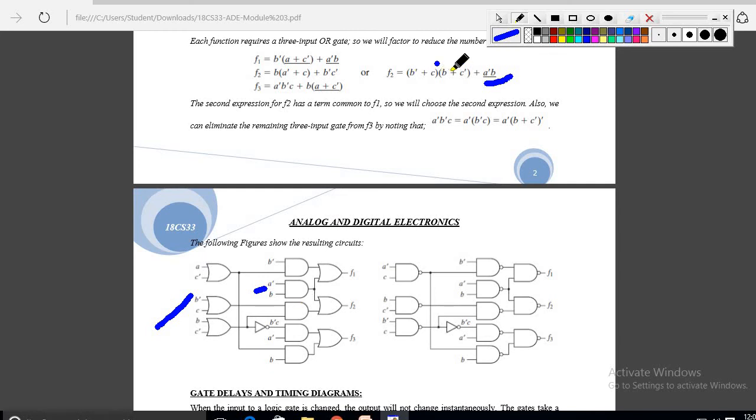So for these two, a NOR gate is required. One NOR gate is for B bar C, and one more is B plus C bar, right. That I will directly give to the AND gate. So the output of the AND gate goes to the NOR gate. This is exactly how F2 is formed.